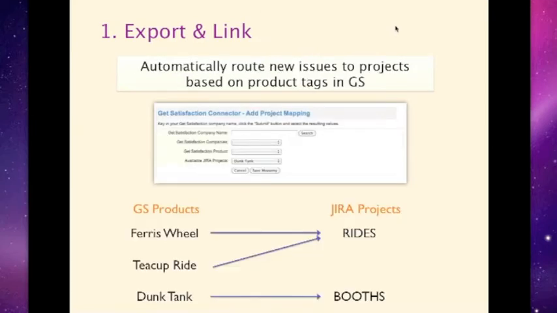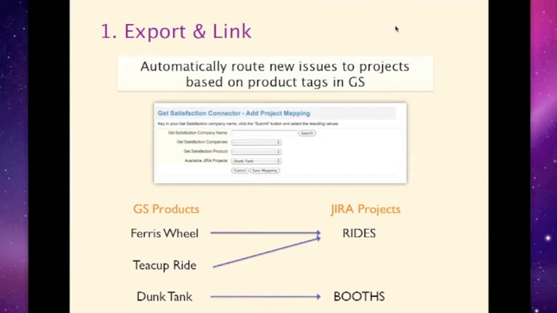The second thing on exporting and linking is that we automatically route new issues to projects based on product tags in Get Satisfaction. In Jira, there's an organization scheme around projects. And in Get Satisfaction, you can expose to your end users all the products that you have, so that your end users or your brand advocates can tag content being generated with these individual products.